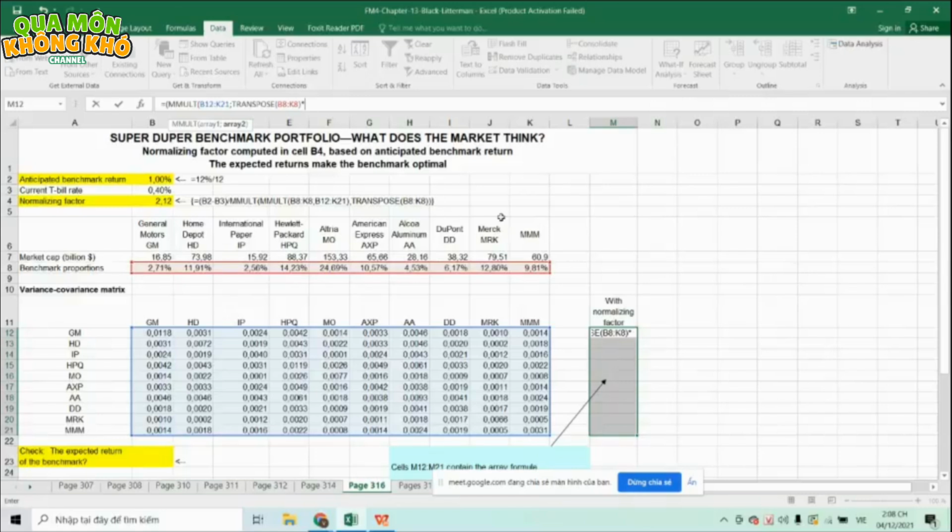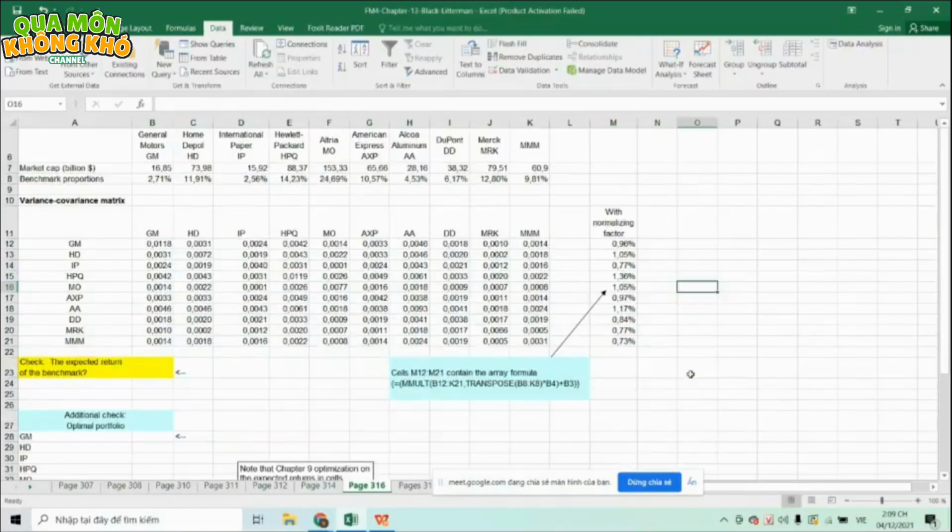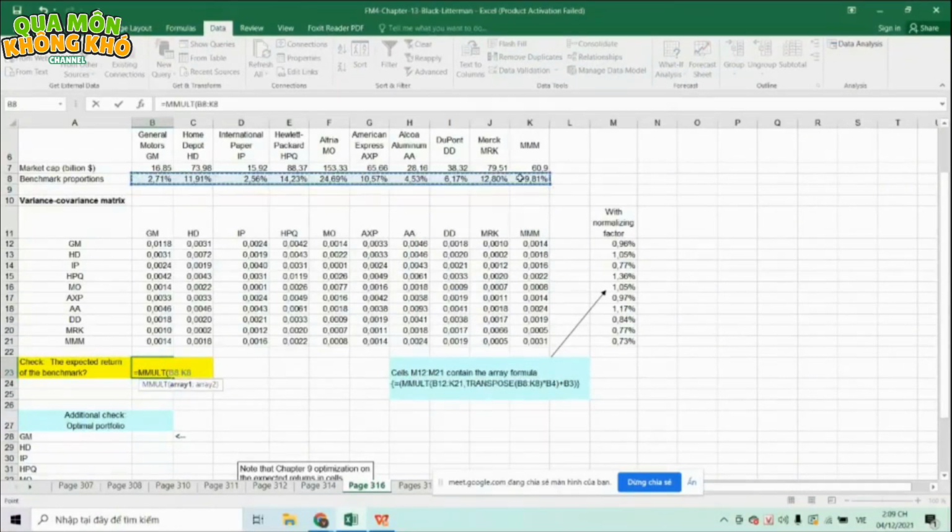Then we'll multiply with the normalizing factor. And later, the final thing, we'll need to add the rate. So we'll have some check MMULT of this and this.